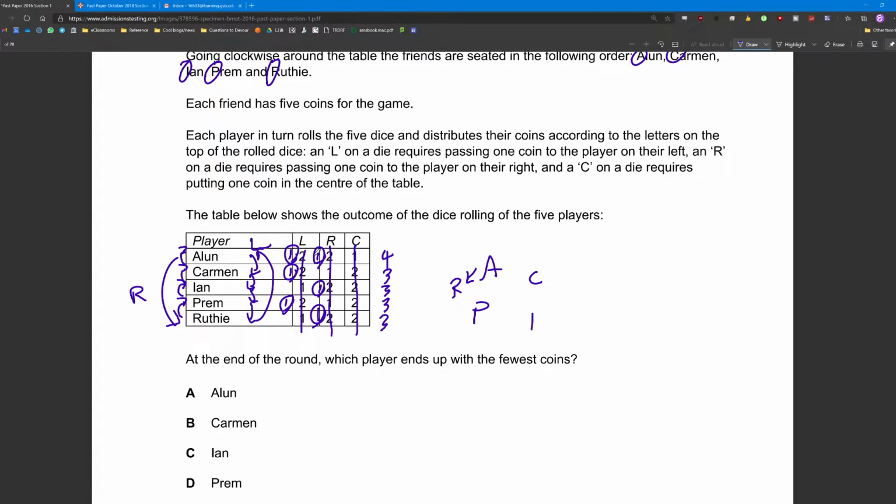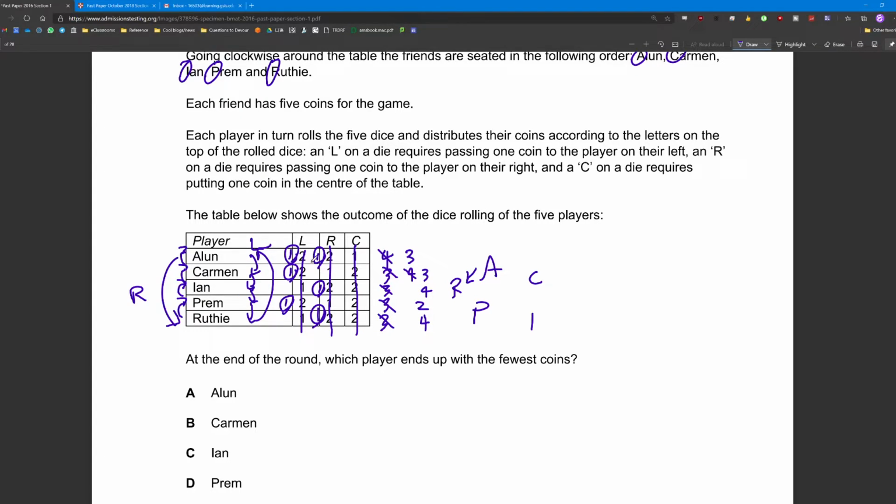So then we consider each of the actions in turn. To their left, Alan passes 1, so this becomes 3, 4. To the left, Carmen passes 1, so this becomes 3, 4. And to the left, Prem passes 1, so this becomes 2, 4.